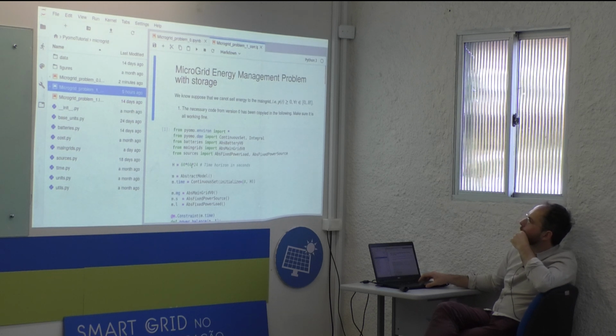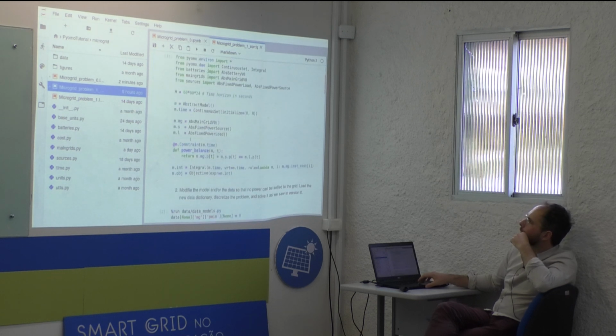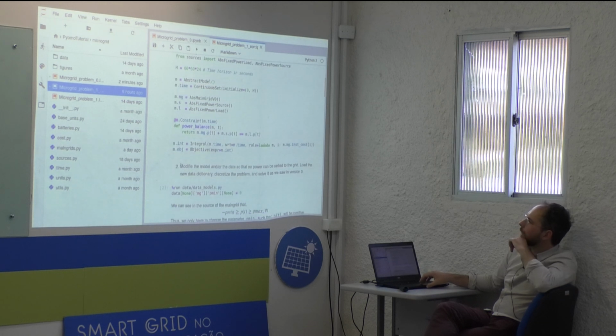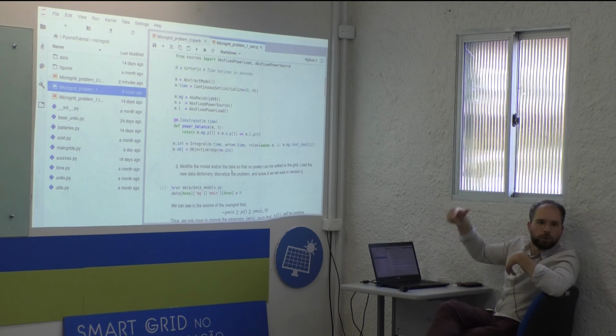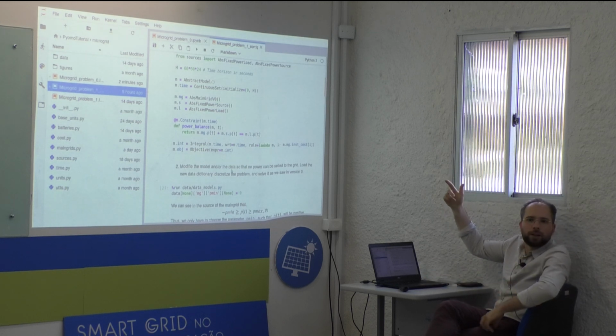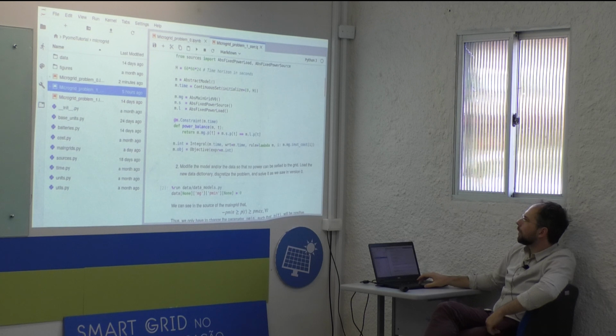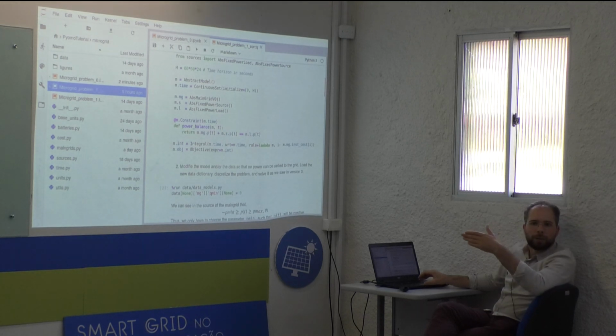Here, as a first step, I have the initial problem, so only with 3 main components. Question 2 is, we need to modify the model behavior so that I cannot sell power to the grid. This is quite simple to do because I have a parameter in the library that sets the minimal power.